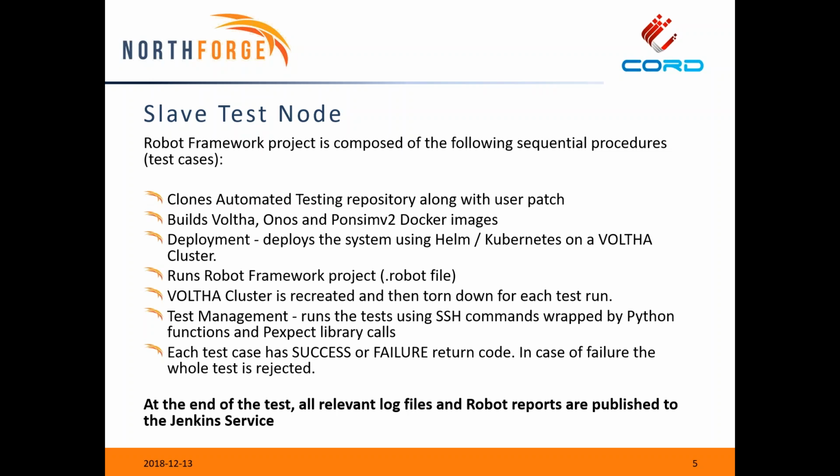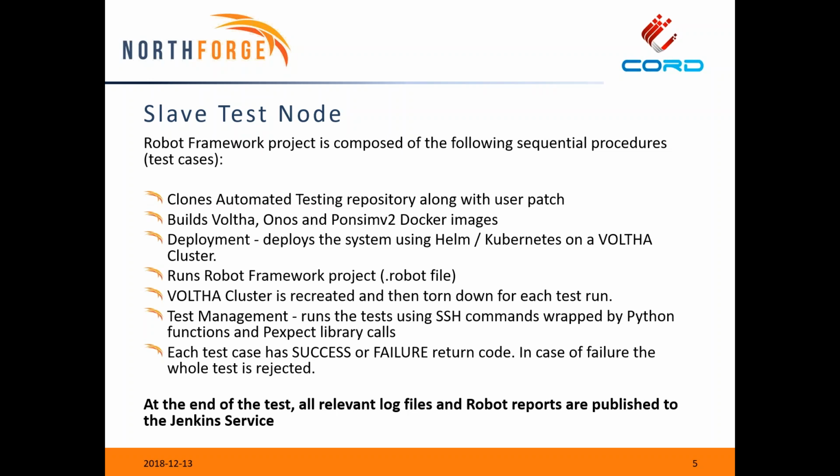Then it deploys those using Helm onto a Kubernetes cluster for VOLTHA. It runs the Robot Framework project afterwards and kicks that off. The VOLTHA cluster node is recreated and torn down for each test suite run. But we have just a single test case for the moment.